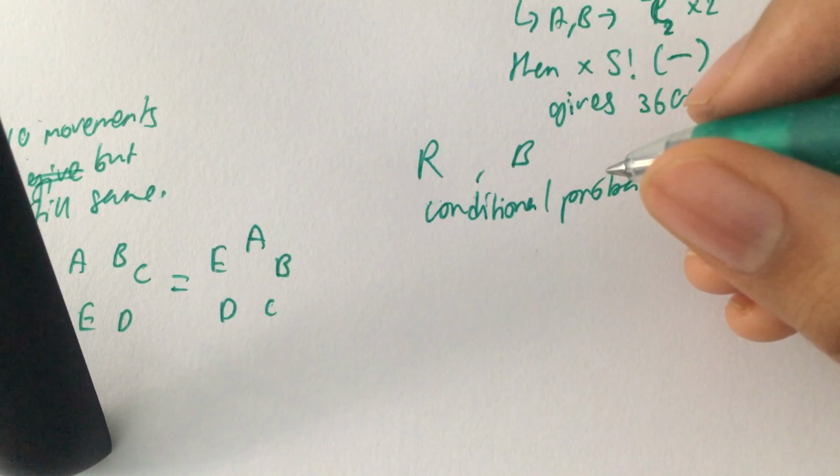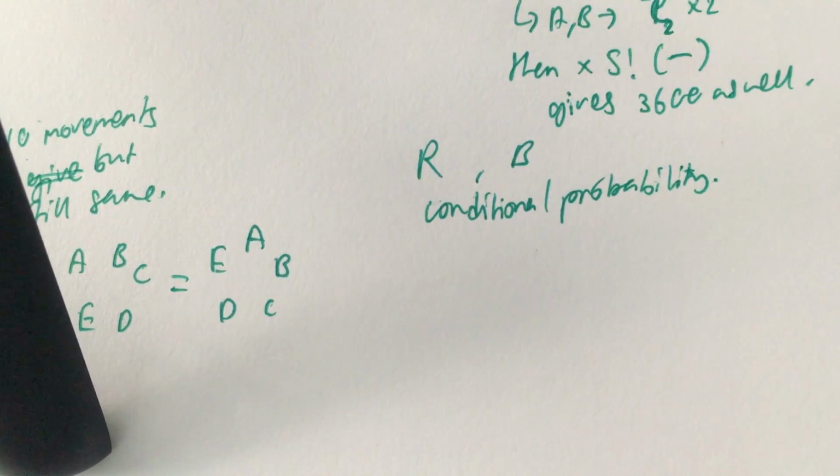You can look at it in terms of one event influencing the other. So let's say you have 9 red counters and 4 blue counters in a bag, and you're not going to replace the counters at any point of time.